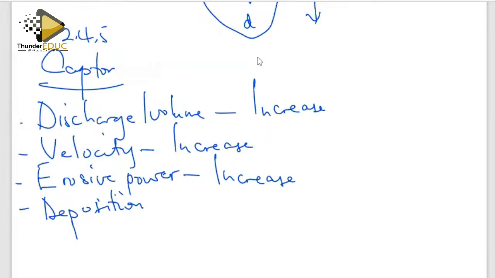It means it has more energy and is likely to cause more erosion. And lastly, deposition is going to decrease because now there is high energy. It means the river now has the capacity to transport its load, so there is less deposition in that particular river.